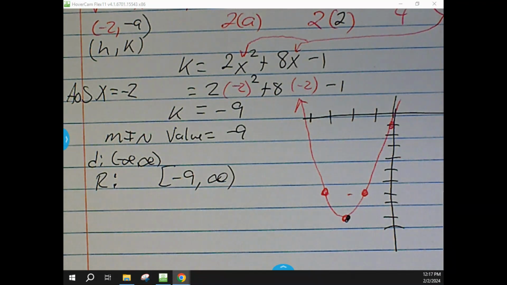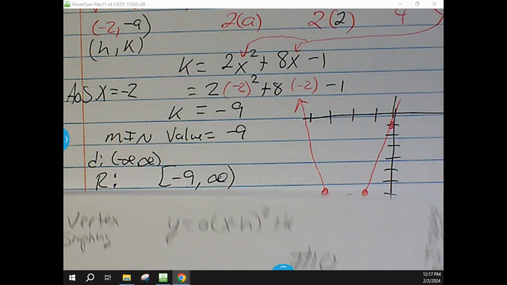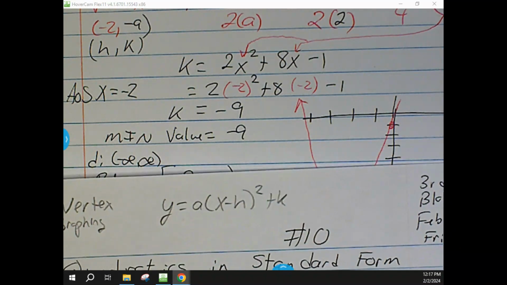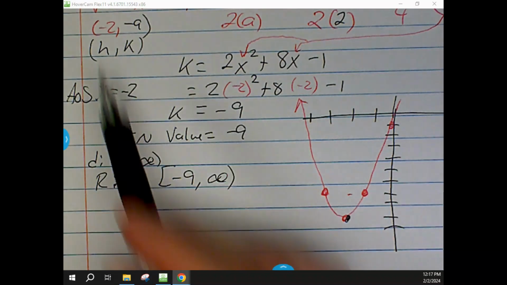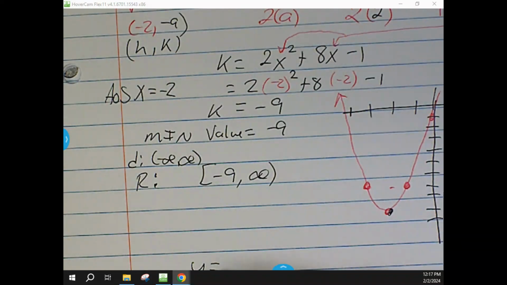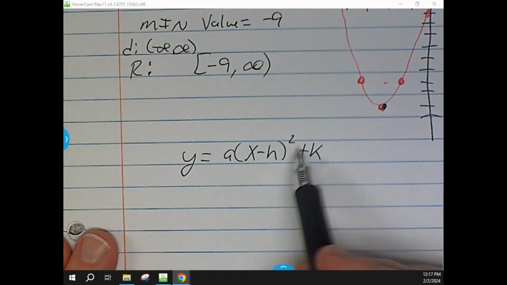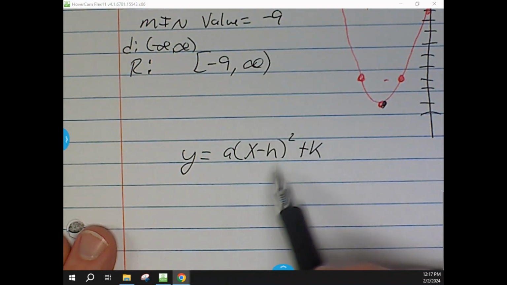Okay, so vertex form. To get that one, we've got to make it look something like this where we're using our parentheses. So what we're going to do is take our vertex we've got back up here, this -2, -9. Then we're going to take this answer, and basically all you're going to do is plug in your vertex in here.